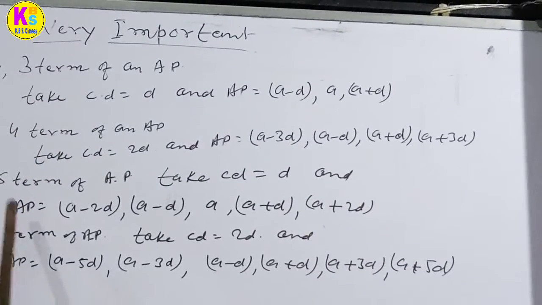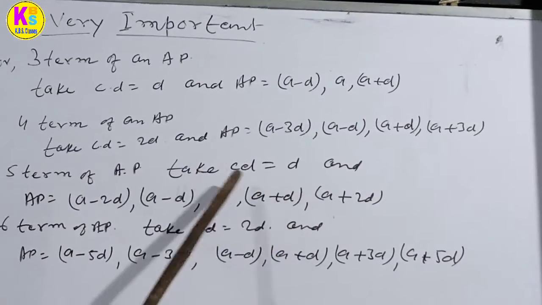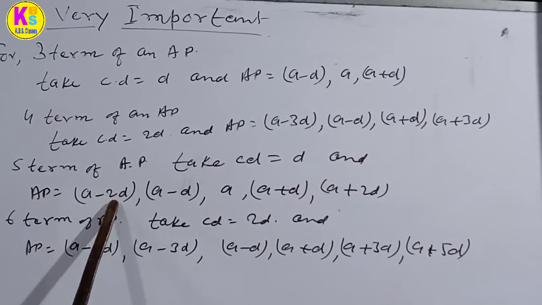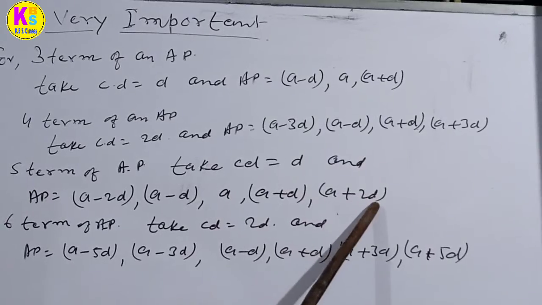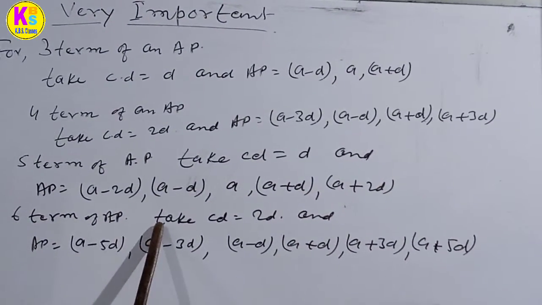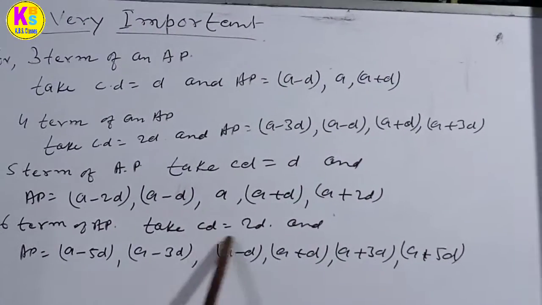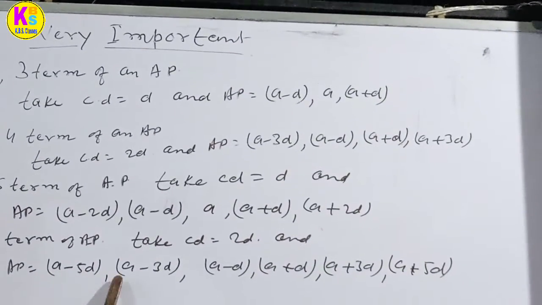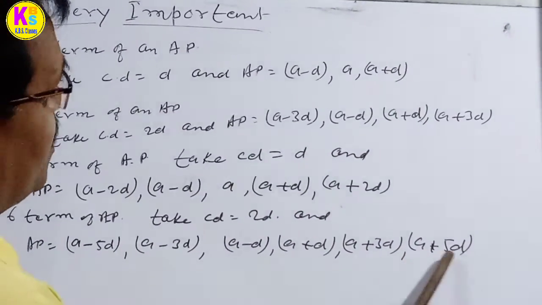In the same way, if five terms of an AP are given, then take the common difference as D, and the AP is A minus 2D, A minus D, A, A plus D and A plus 2D. Again, if six terms of an AP are given, then take the common difference as 2D, and the AP should be A minus 5D, A minus 3D, A minus D, A plus D, A plus 3D, A plus 5D.